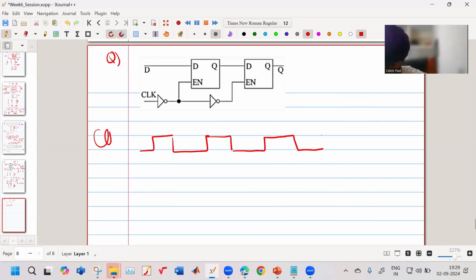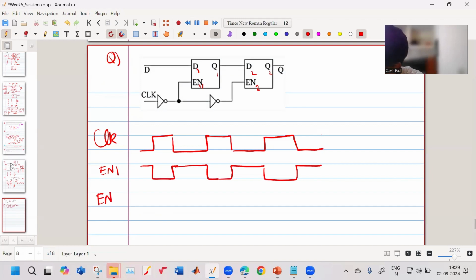So this is my clock. This is my enable 1, enable 2, D1, Q1, D2, Q2. What is my enable 1? This is my enable 1.